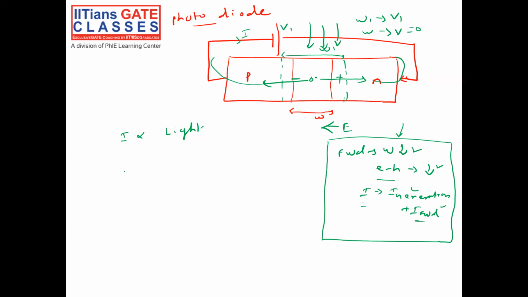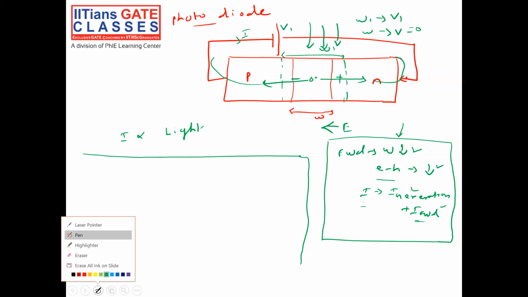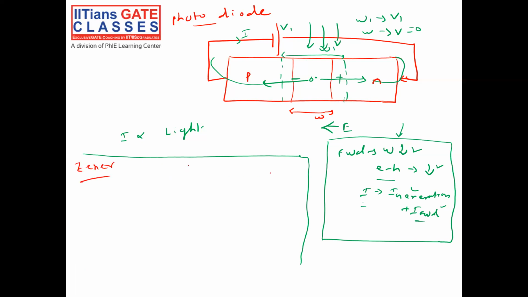Okay, let's go to the Zener diode. As all of you know, the Zener is always operated in reverse bias. For the sake of completeness, let me plot the Zener IV characteristic. Mostly the Zener diode operates as a voltage regulator.